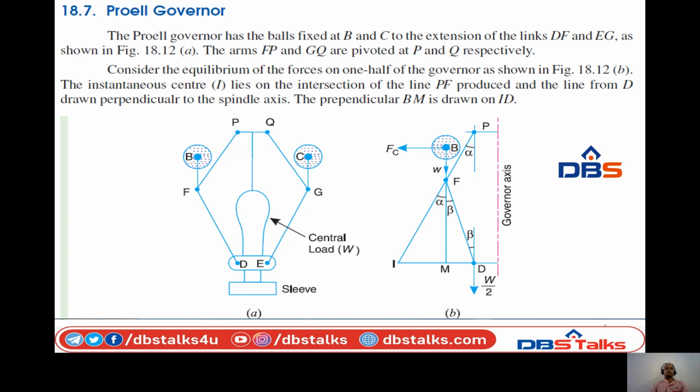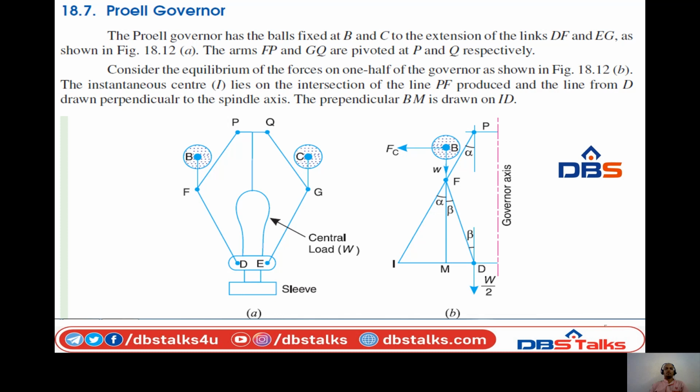So in this diagram, considering the equilibrium of forces for one half of the governor, the instantaneous center, that is I, will lie on the intersection of the link PF, which is produced by extension, and the line from D, which is drawn perpendicular to the spindle axis.